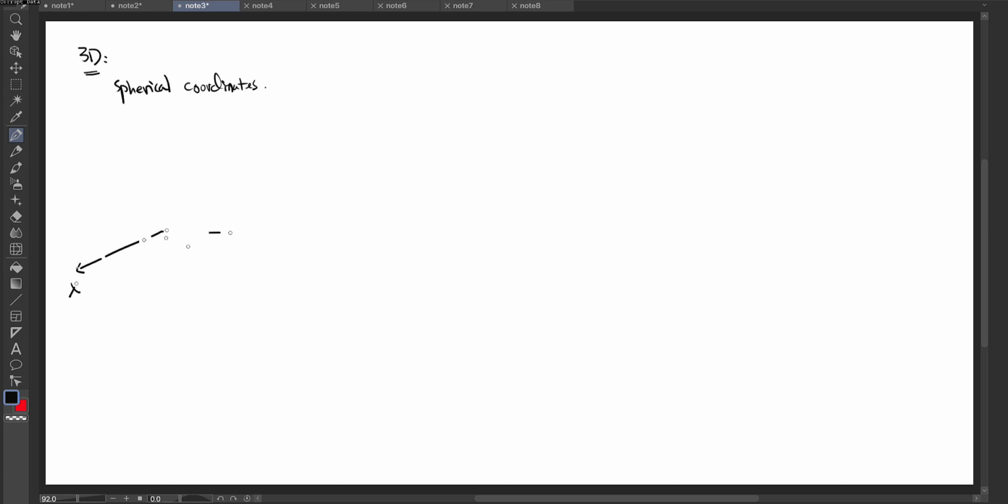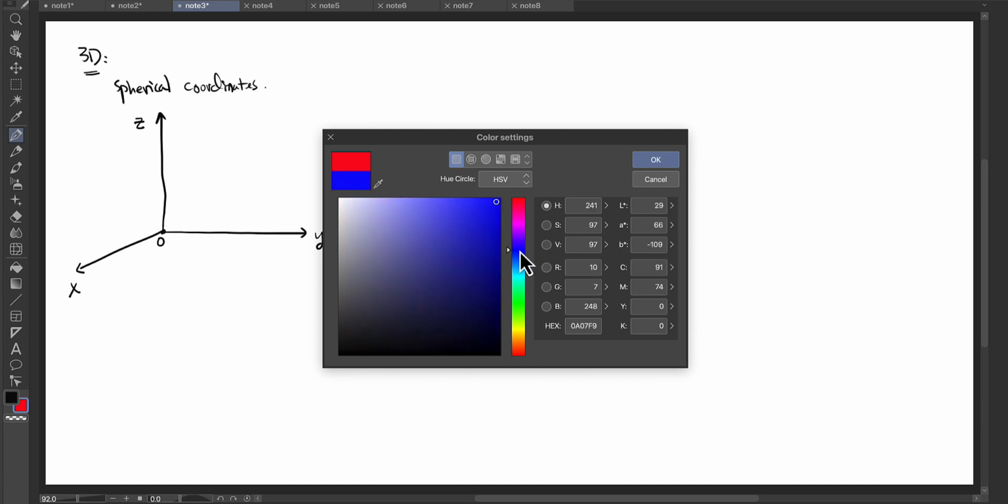coordinate system x, y, and z. Here's the origin O. Okay, so now I'm looking at a vector. Let's use a different color.